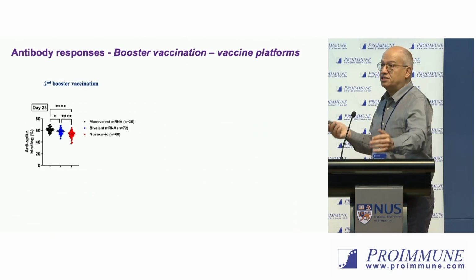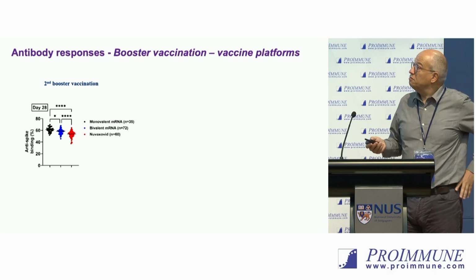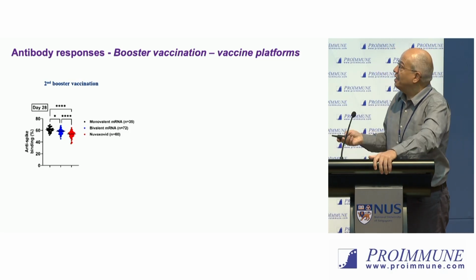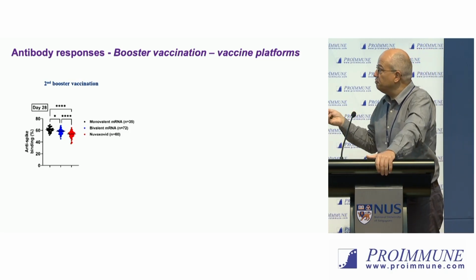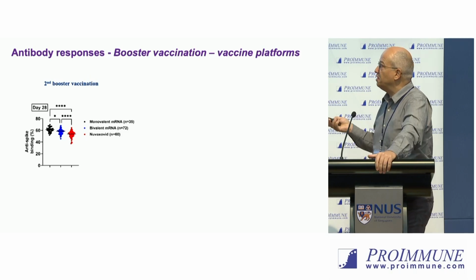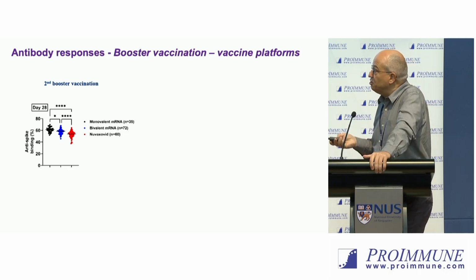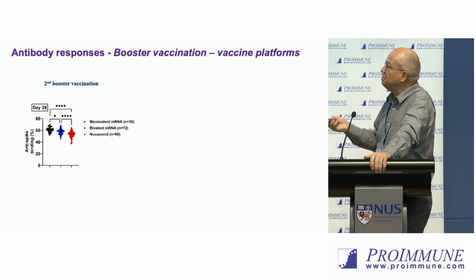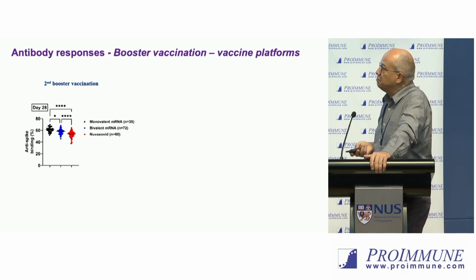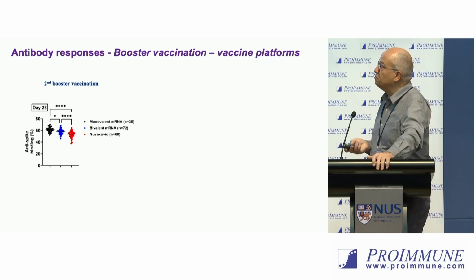Then we tested different vaccine groups for boosting. At that time, we also had the coming of bivalent mRNA because of all the variants, and the Novavax vaccine. And you see that the boosting at the fourth injection with the monovalent Wuhan strain was the best.